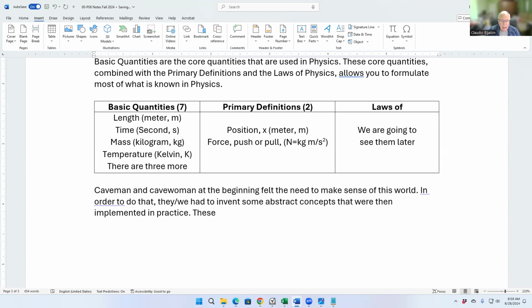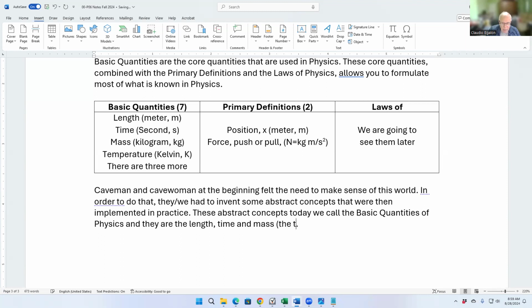These abstract concepts today we call the basic quantities of physics. And they are the length, time, and mass. Let's say those are the three most important ones.